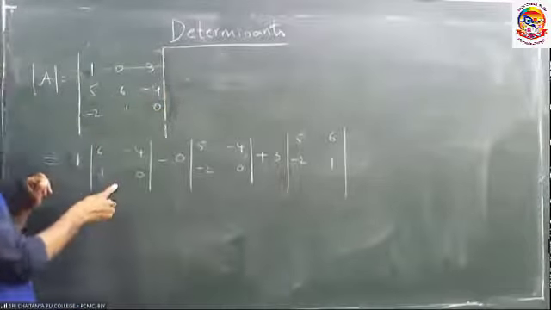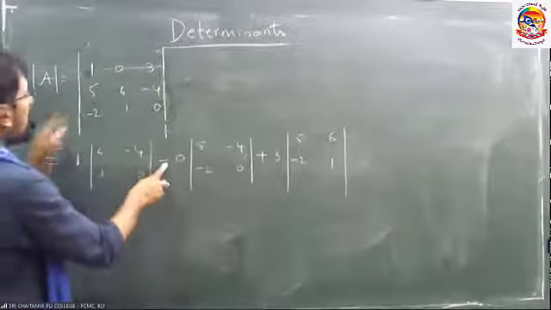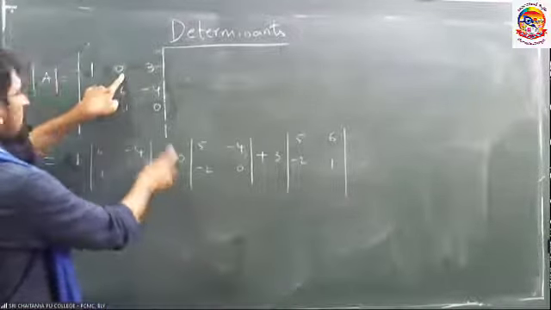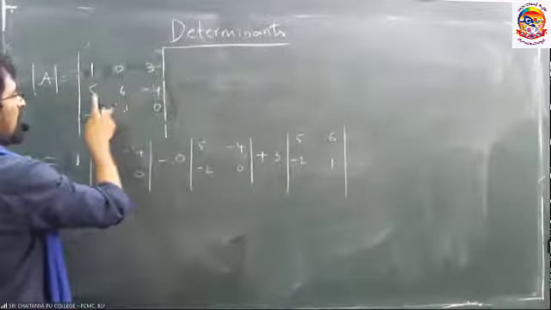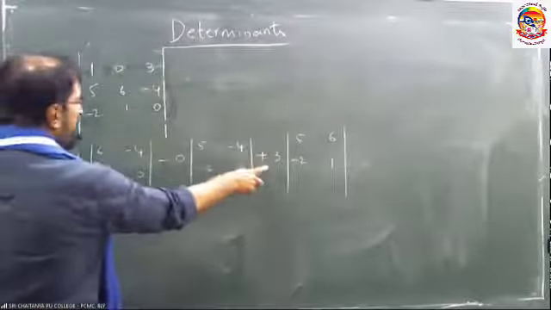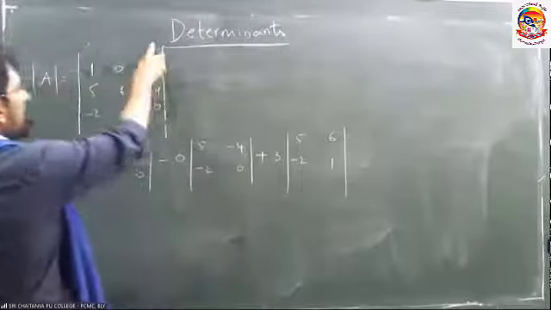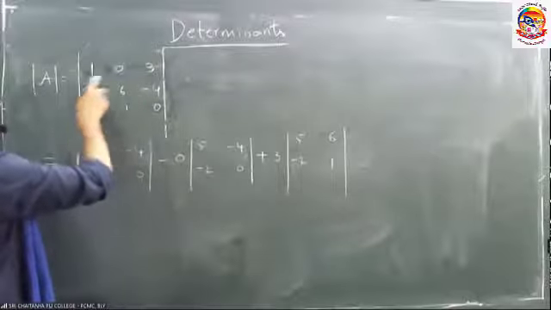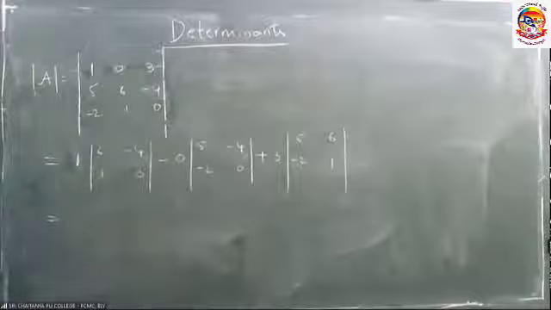Write down the determinant of them. Positive over negative. This element into, exclude this column and this row, you have 4 elements. Write down here. Plus this element into, exclude this column and this row, you are going to get these 4 elements. Write down. Now I think you got it, right?